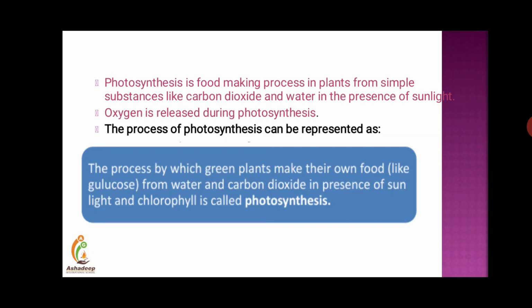So, in this process, first of all, raw materials used are carbon dioxide, water, and the green pigment, and it releases oxygen. This process converts simple substances into complex food.